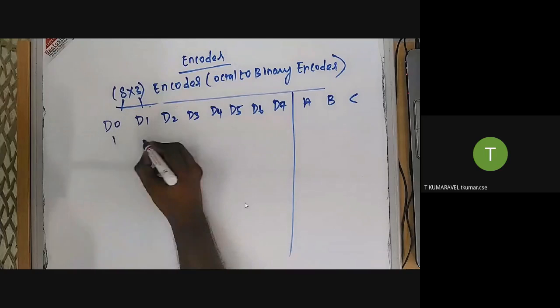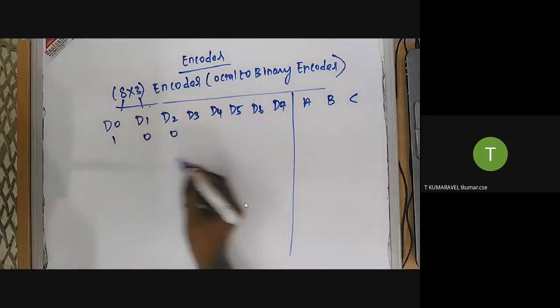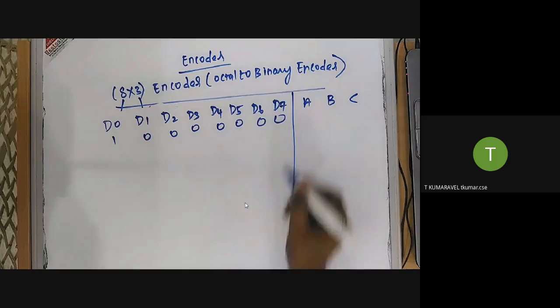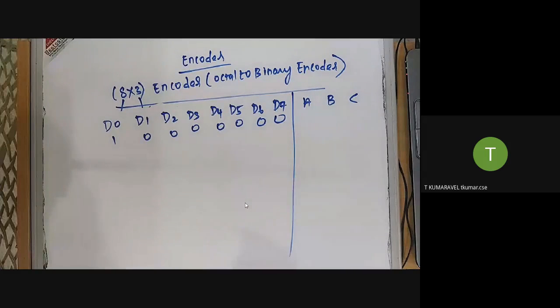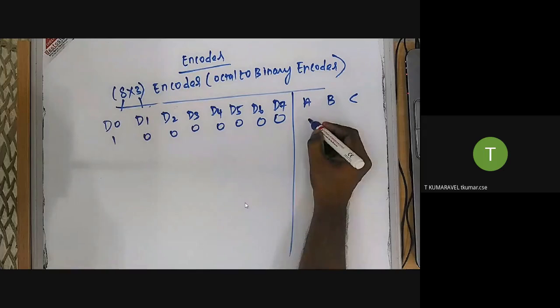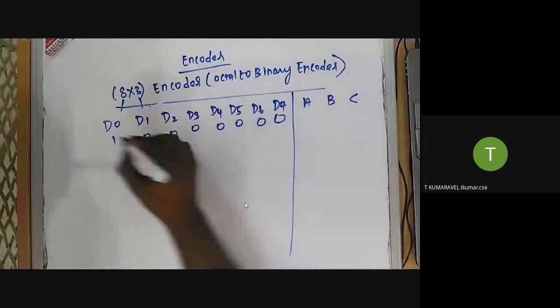Suppose this is the input combination, and I want to generate three outputs. In order to generate the three outputs, how many input combinations are available? 8. That is the meaning. Suppose D0 equal to 1. So what happens, sir? The output is nothing but the subscript of that particular bit.